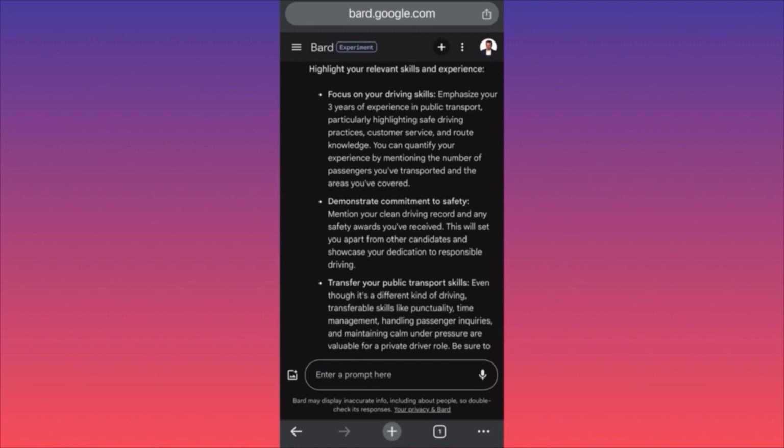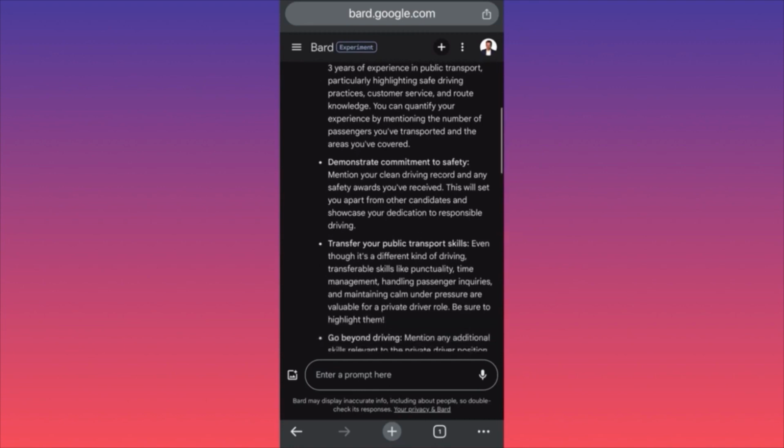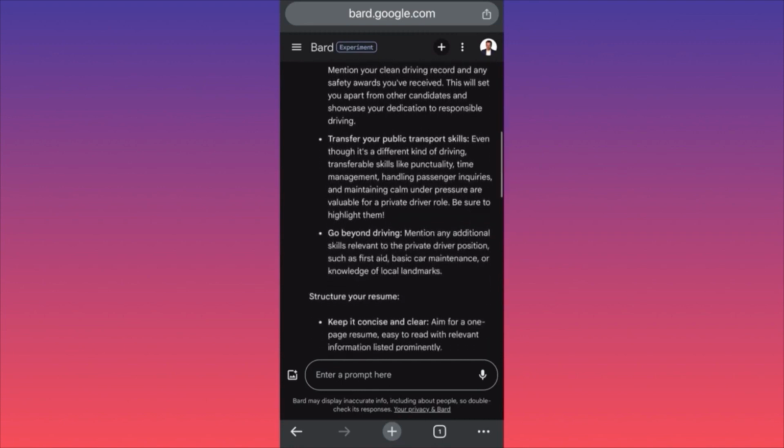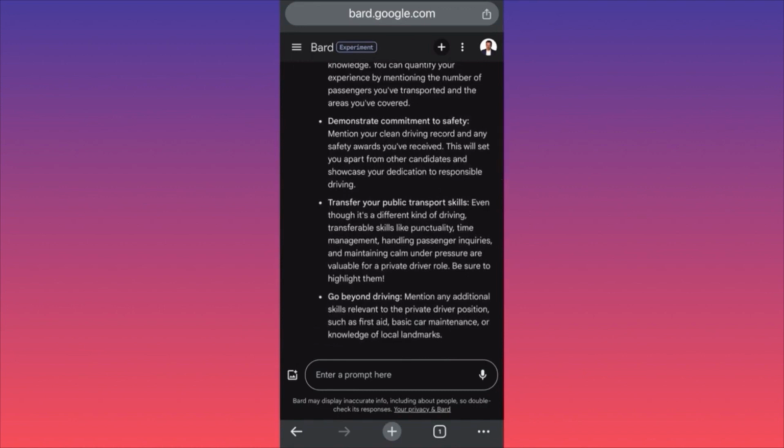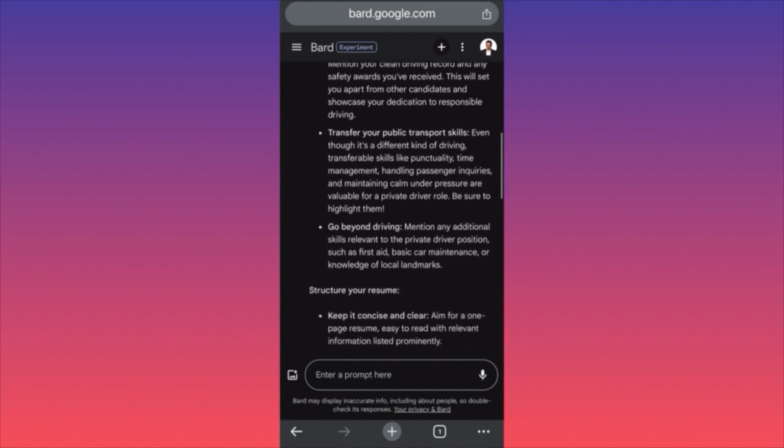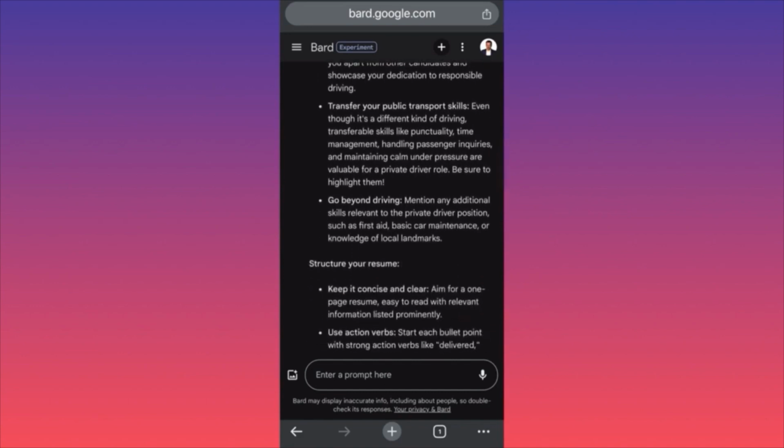Then it says demonstrate commitment to safety. You have to mention that you will go above and beyond to protect and safely bring people from point A to point B. Transfer your public transport skills, even though it's a different kind of driving.